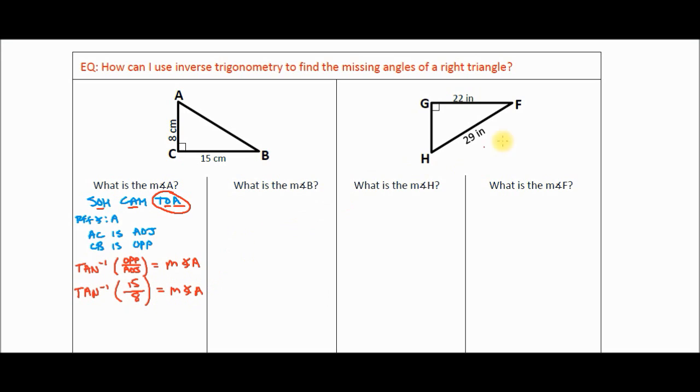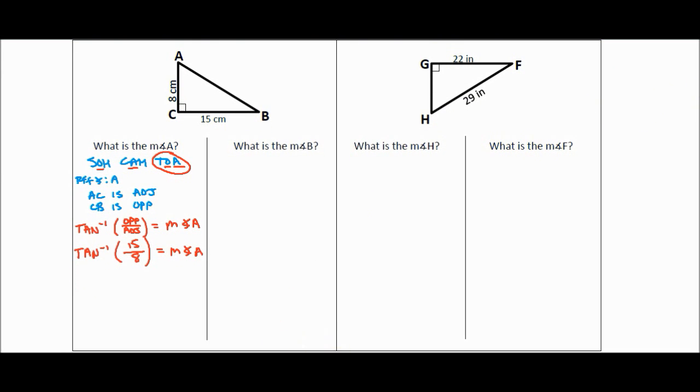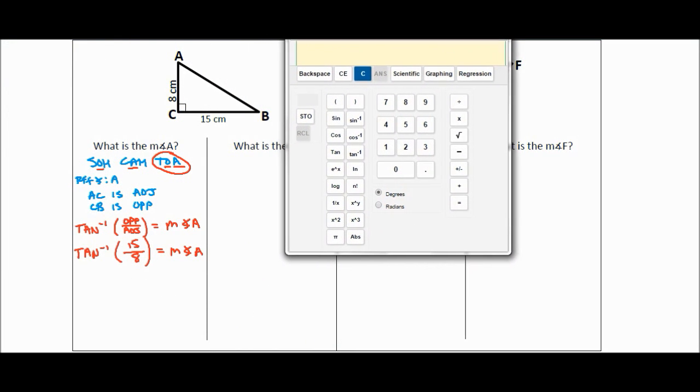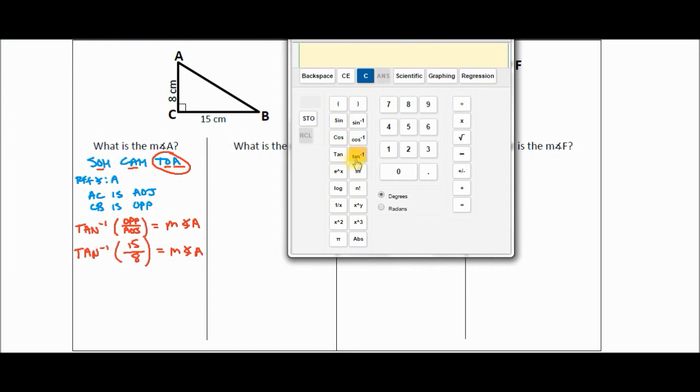All right, let's go ahead and plug that into our calculator. So I'll bring up the calculator. Let's move it over to here so we can see. All right, so we're going to use the inverse tangent button, and now class, you can just put this fraction into the inverse tangent function.